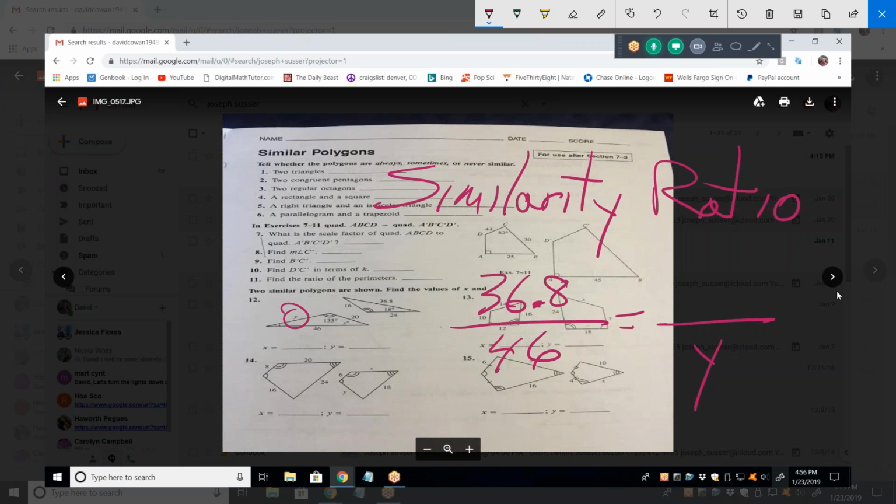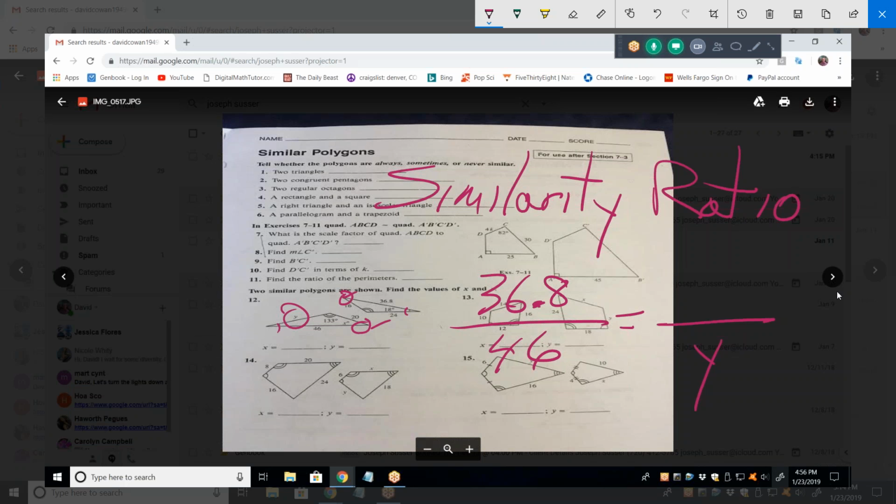The reason it's 24 is because it's opposite. Y is opposite that angle, right? Well, that's that angle right there. Notice that this angle down here is opposite that hash mark. So opposite this hash mark is this angle.